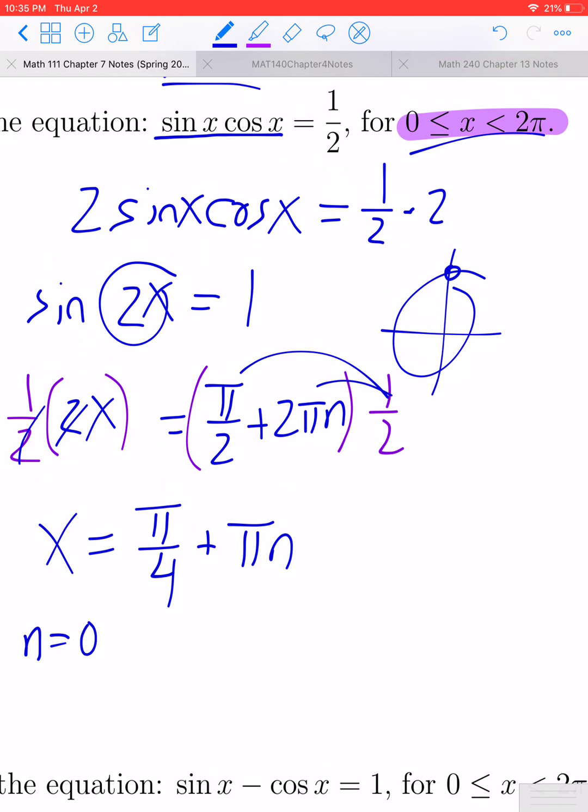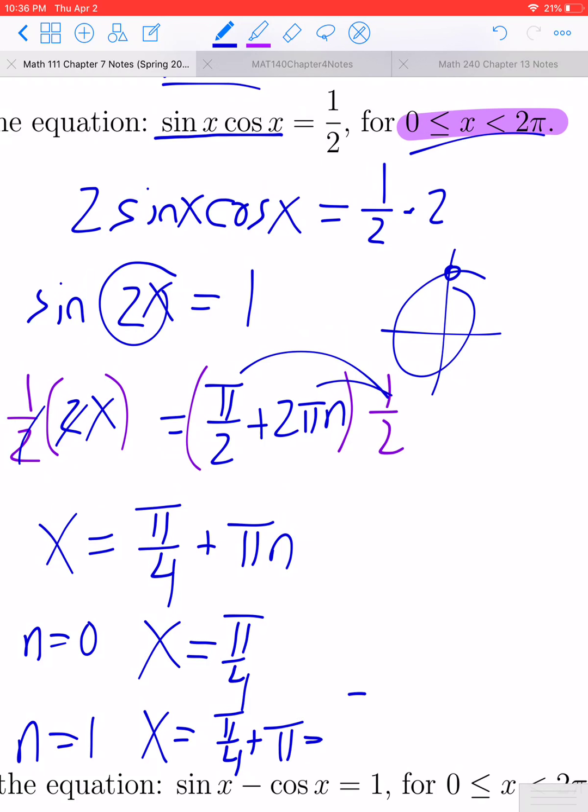If n is equal to 0 though, then that would produce the solution x equals pi over 4. That one would work. If n is equal to 1, then x is going to be pi over 4 plus pi, which would be 5 pi over 4. That also works.